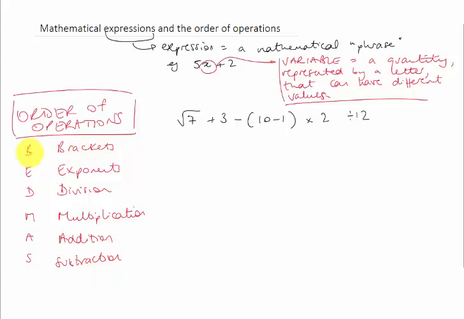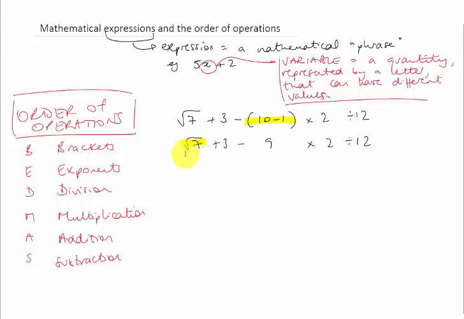So first of all, how about brackets? I can see some brackets here. There we go, so we've got to sort that out first. So we've got square root of 7 plus 3 minus (10 minus 1 is equal to 9) times 2 divided by 12. Okay, so we've done that. Now how about some exponents?